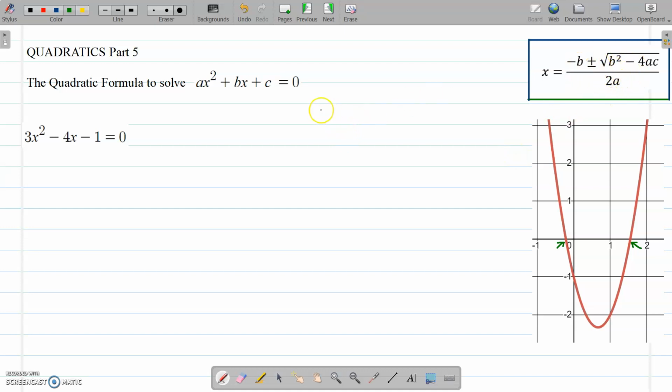Now you may be thinking about factorizing it. If you did try to factorize this, you would be doing 3x in one bracket and x in the next, and you'd be looking for the factors of minus 1, which are plus 1 and minus 1, and you would be seeing if when you multiplied that out it gave you the minus 4x in the middle, which it doesn't.